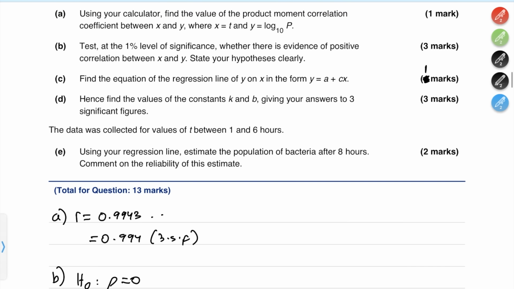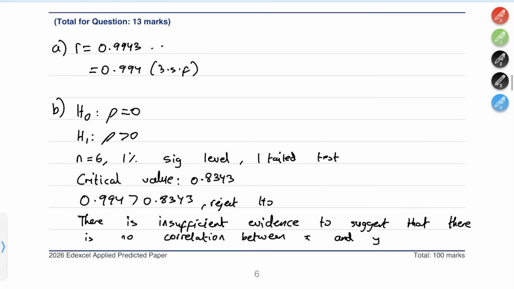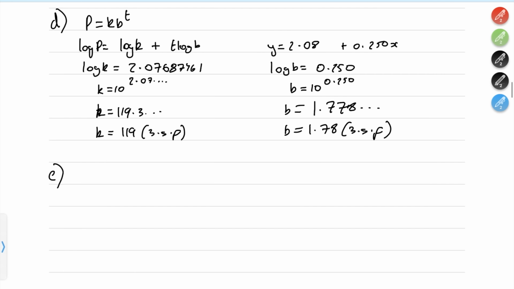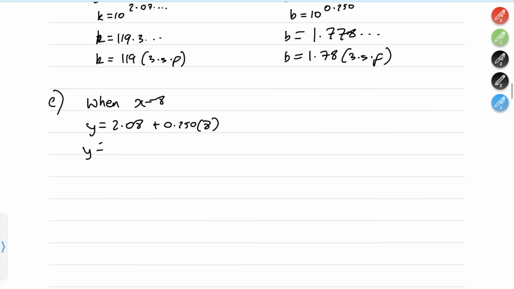Now for part E, it wants us to use the regression line to calculate the population of bacteria after 8 hours and comment on the reliability. So when x is equal to 8, we should get y equal to 2.08 plus 0.250 times 8. That roughly gives us 4.08.